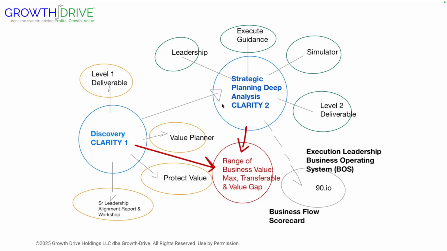So with deep analysis, we can start creating a plan. You will create a plan using Execute Guidance, using the templates that are in the community and the premium resources, using Simulator to predict the future. I am not scratching the surface, but I'm going one layer deep on what's in this system. Now, you have your deep analysis.